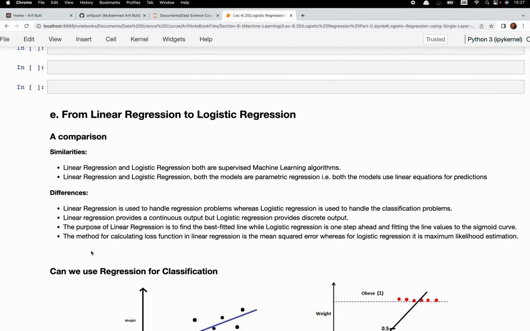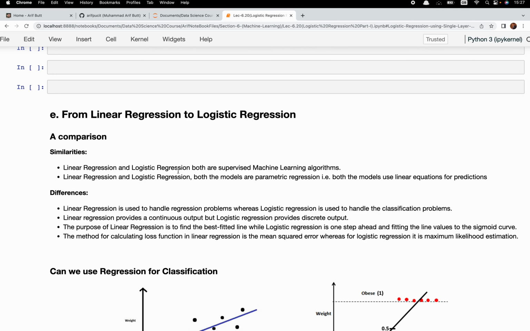Okay, so before jumping into the math of logistic regression, let me quickly give you a comparison between linear and logistic regression and answer the question as to how we can do classification using regression. Both linear and logistic regression are supervised machine learning algorithms, and both models are parametric as they use linear equations for the prediction.